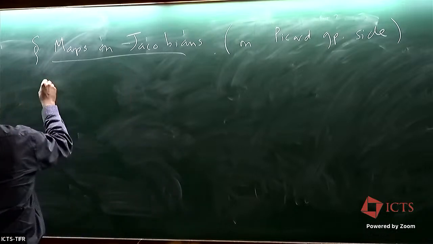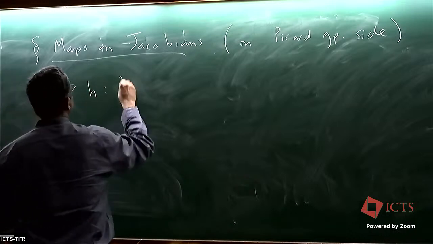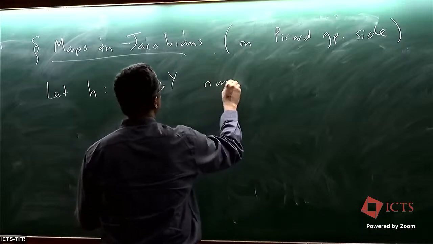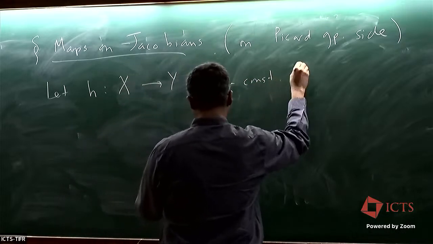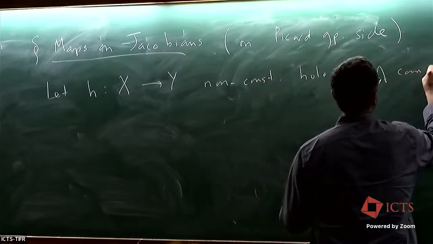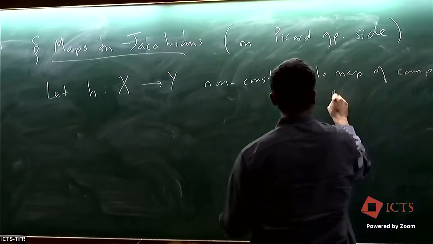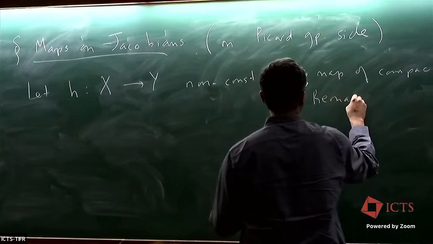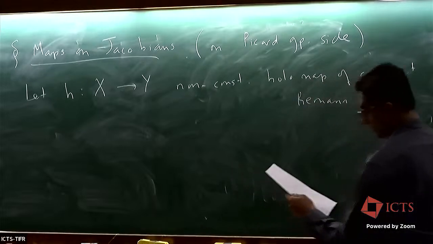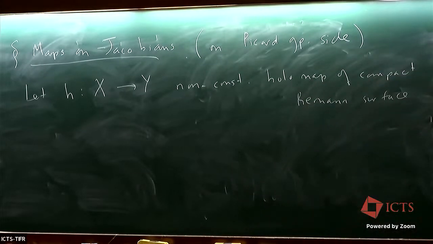So fix a non-constant holomorphic map h from X to Y of compact Riemann surfaces, of dimension 1. I may forget to write dimension 1.